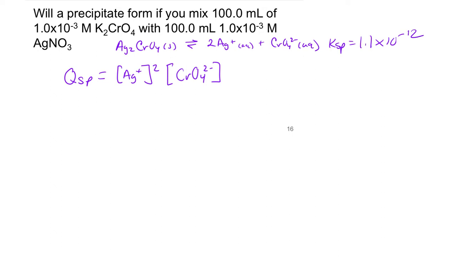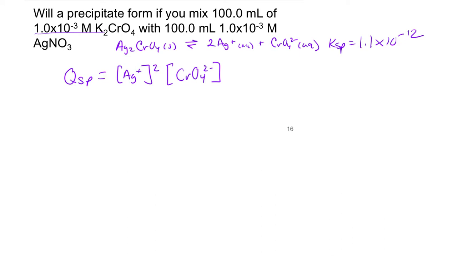So we're given 100 mL of 1 times 10 to the minus 3 molar potassium chromate, and 100 mL of 1 times 10 to the minus 3 molar silver nitrate. So again, we're combining these into one flask or one beaker and seeing if we form a precipitate.